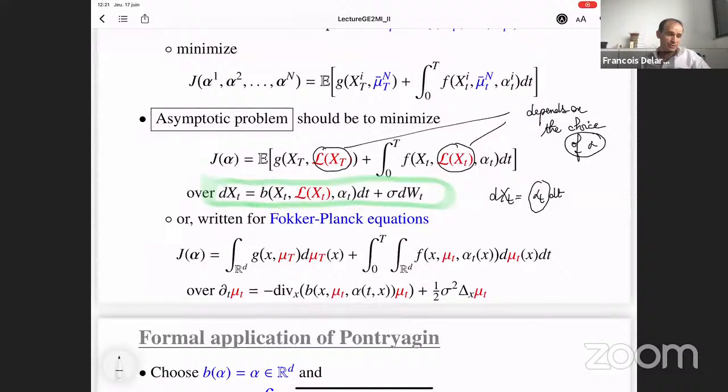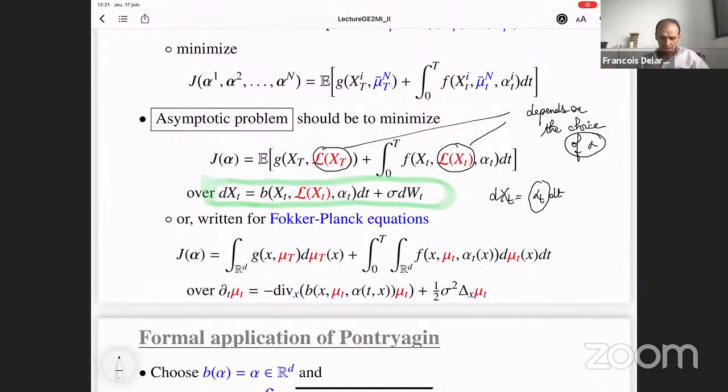This formulation of optimal transportation as a mean-field control problem comes from the Benamou-Brenier theorem. I don't think that Benamou and Brenier wrote this exactly as a mean-field control, but if you have a look at the statement, this is exactly what I told you. So you can rephrase their statement as a mean-field control problem.